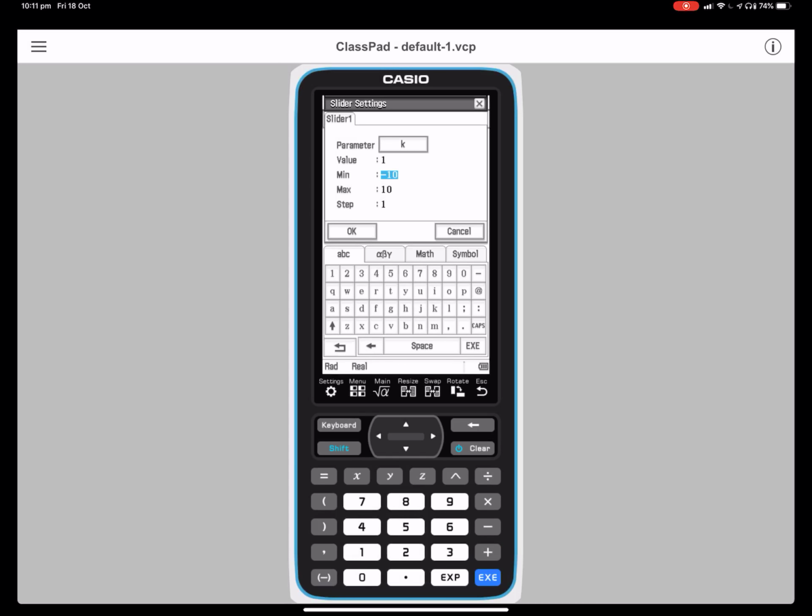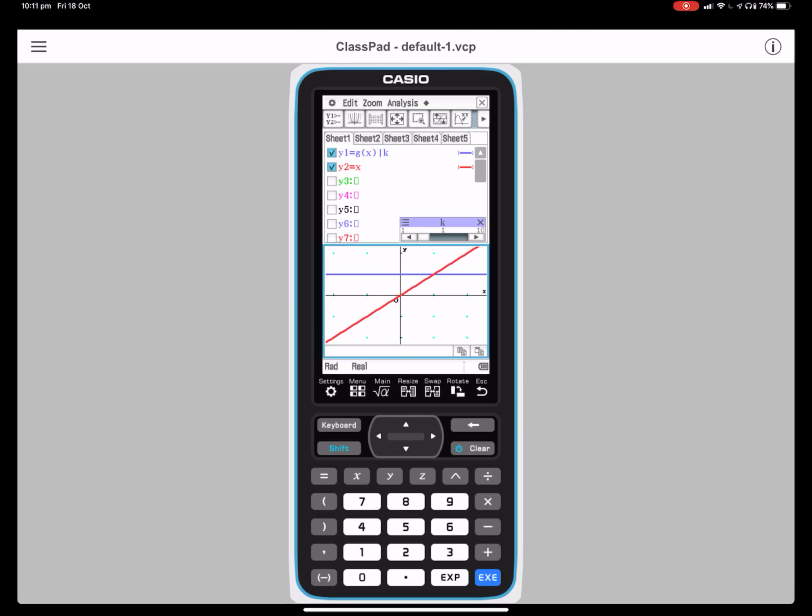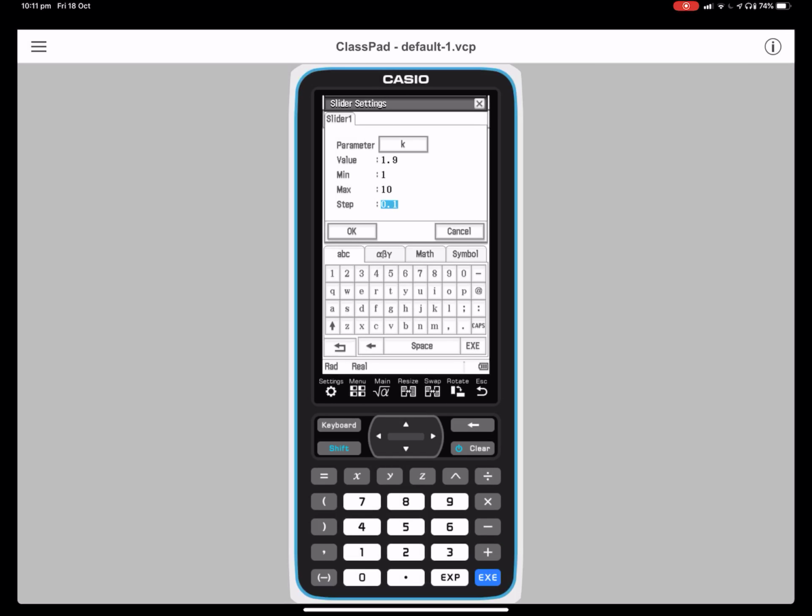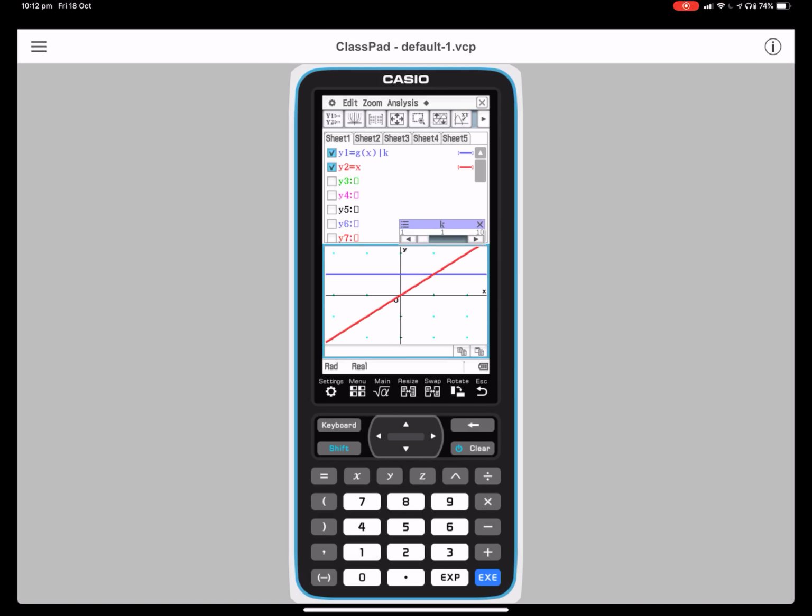If we start at 1 and go up by 0.1, you can see that if k was 0.001 and we start at 1, see that's nearly a square. So this area is nearly 2.